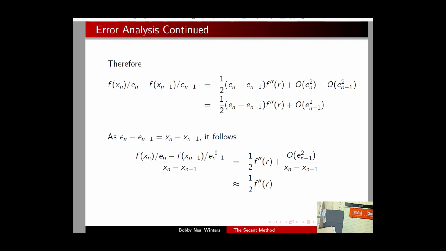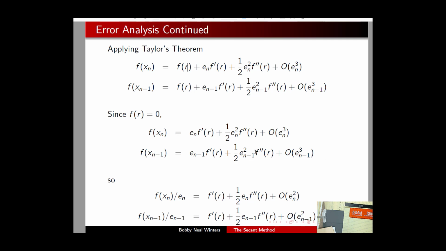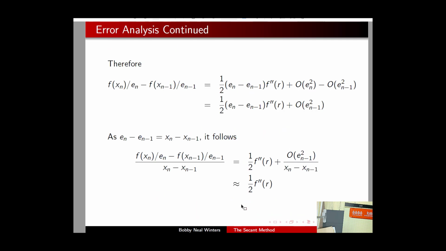This then reduces to these next statements. We then divide both sides, the top equation by e sub n, the next equation by e sub n plus 1, and we take the difference between these two and get something that's reasonably pretty over here.